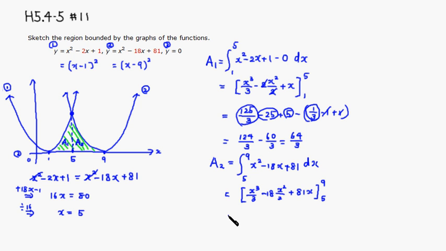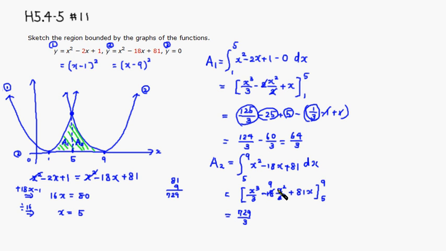Then plug it in. Actually first again, 18 and 2 cancel out, so that'll be 9. So we have that. Now plug in 9 here. 9 times 9 is 81, and 81 times 9 is 729, so 729 over 3.